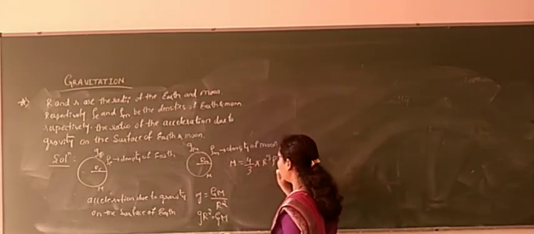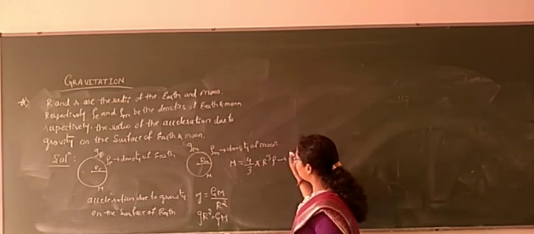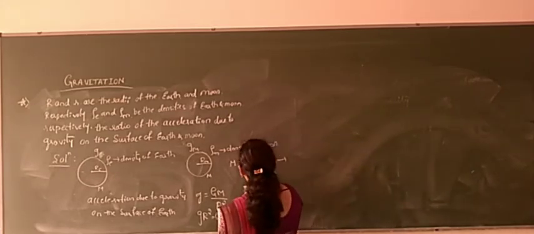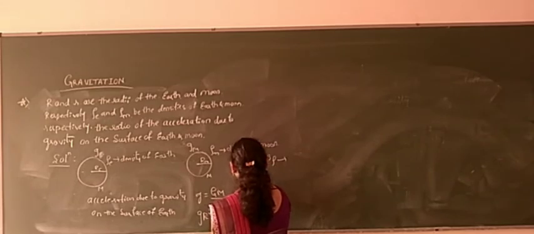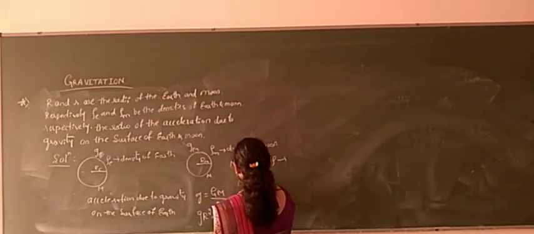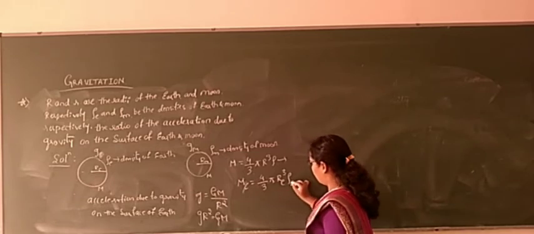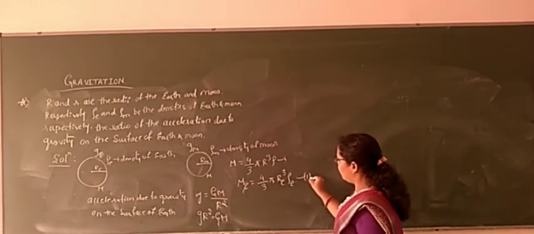So this is the mass of the body, or the mass of the earth here. So the mass of the earth will be 4/3 π R_e³ ρ_e. Let us call this equation 1 here.